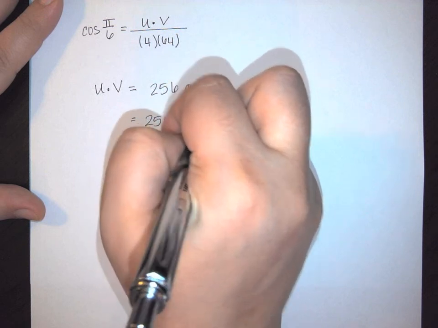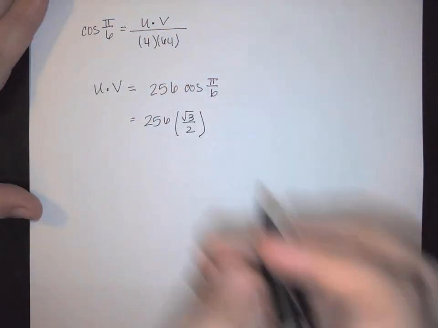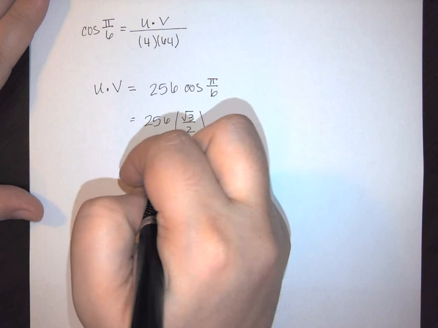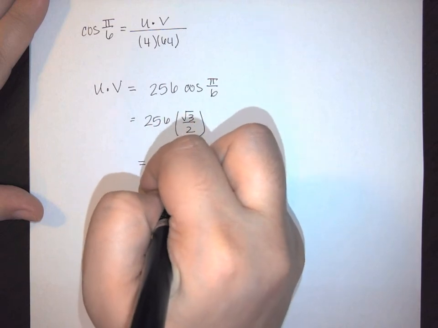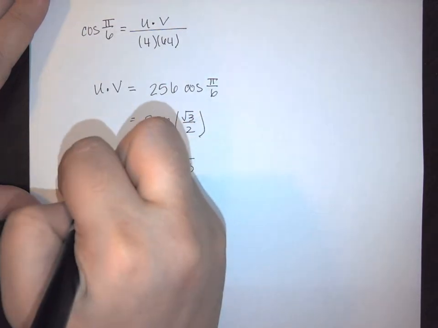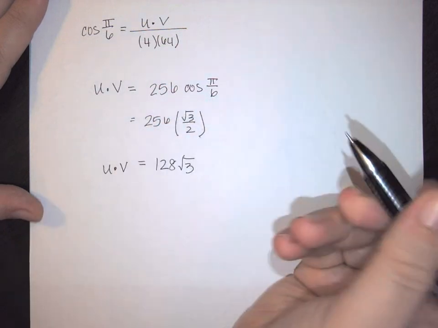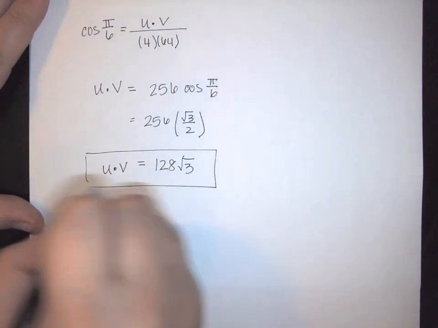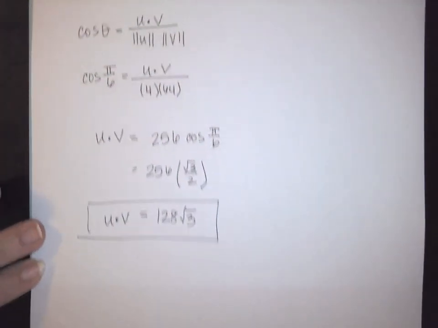We could go ahead and multiply that, and we come out with 128 square root of 3 is u dot v. And that is what you were looking for based on the information that you had been given.